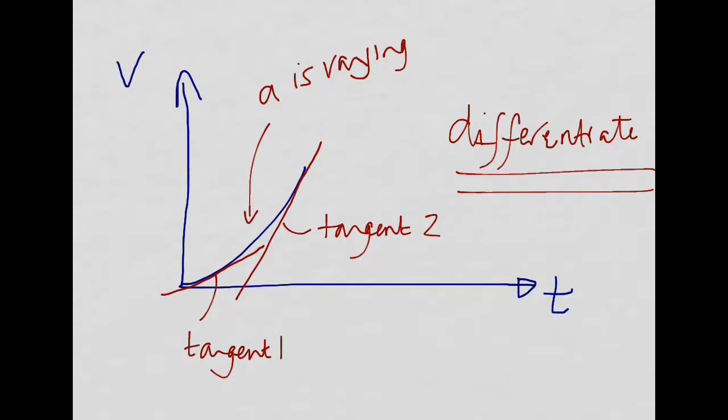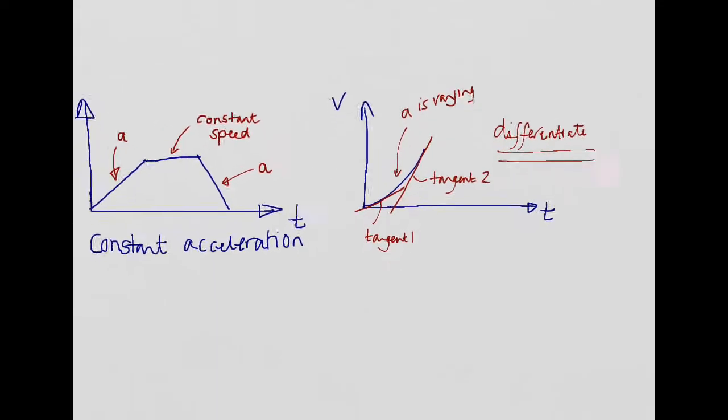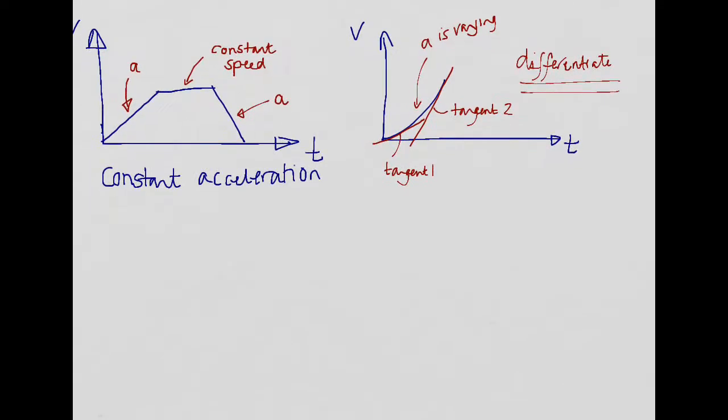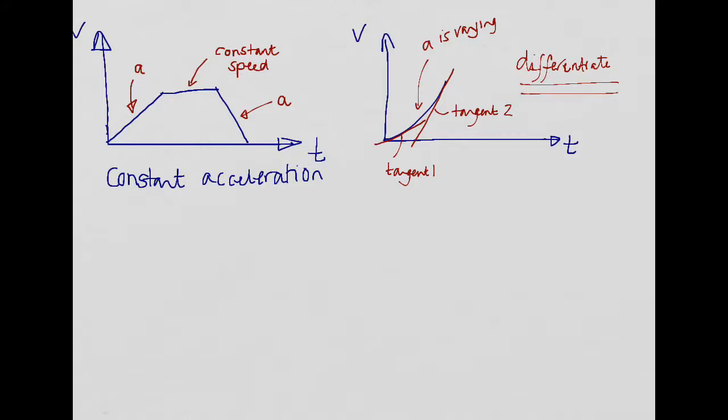So having realised we needed to differentiate, we're now going to look at how this all links together. So if I wish to find the acceleration, that is equal to differentiating the velocity with respect to time.